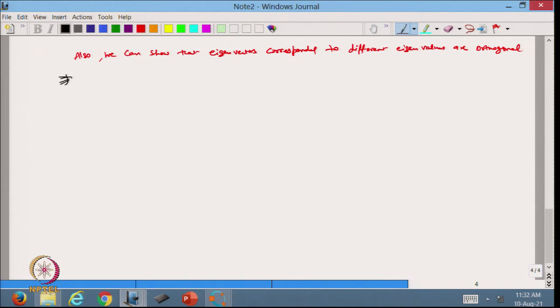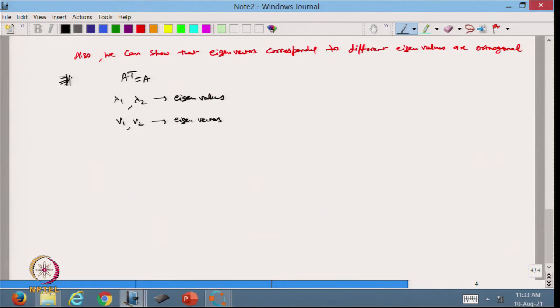So, let us do this one, that I have A transpose equal to A, that is my matrix, and let lambda 1 and lambda 2 be the eigenvalues. Okay. So, then corresponding, suppose V1 and V2 are the corresponding eigenvectors.